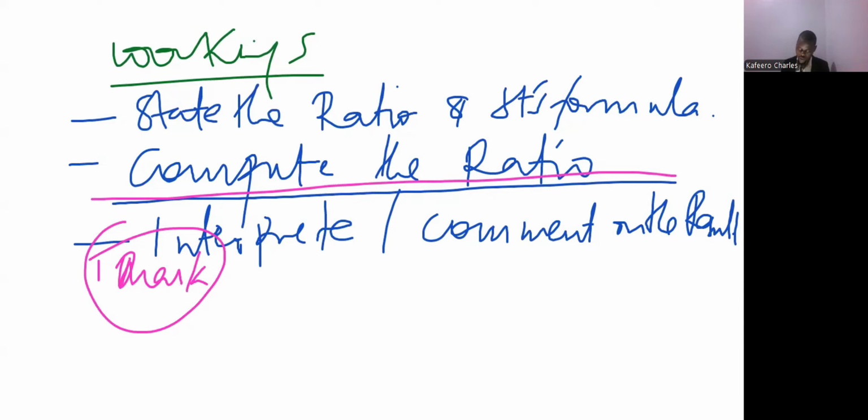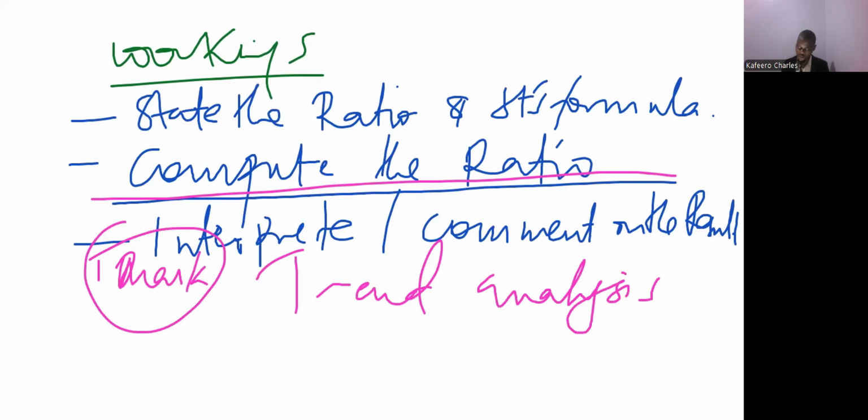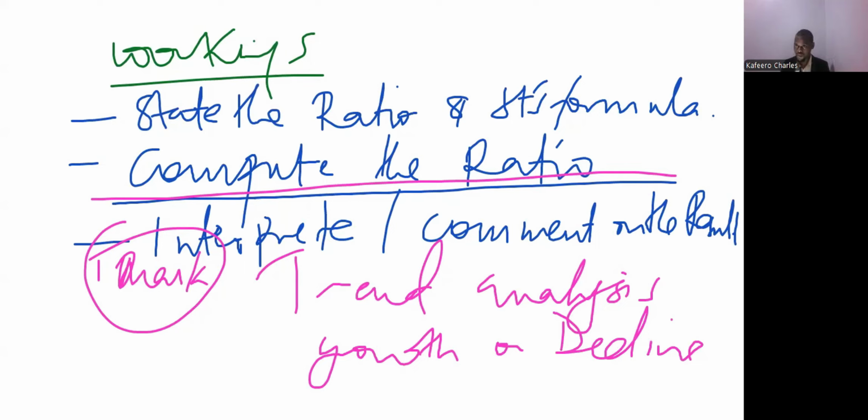And we've said that when you are commenting, you are just trying to do a trend analysis, just explaining whether there has been a growth or a decline. And that's all that you need to understand from the financial analysis or ratio analysis.